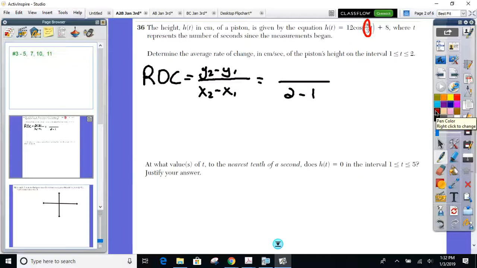Anybody want to take a stab at what you got when you plugged in 2? You should get 2 back out when you stored 2 in.